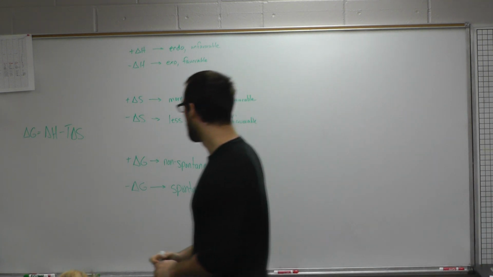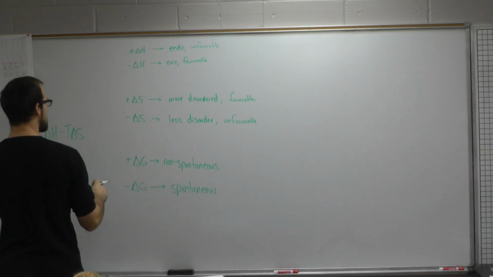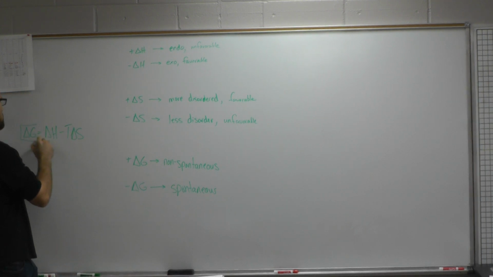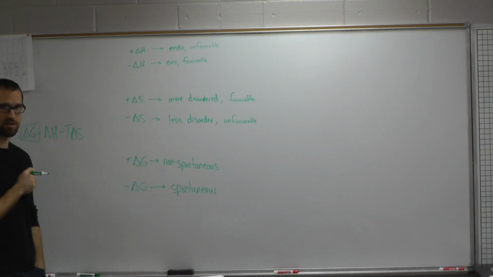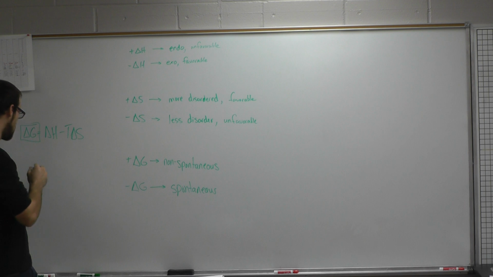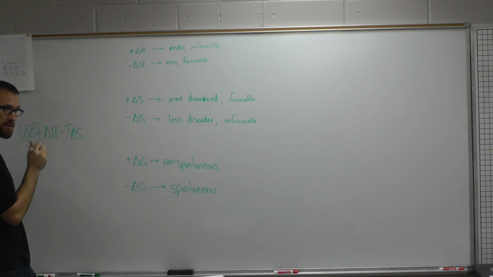Right? So then there were two ways to figure out whether it was spontaneous. One way was to use the change in G equation. What was the other way? There are two ways.